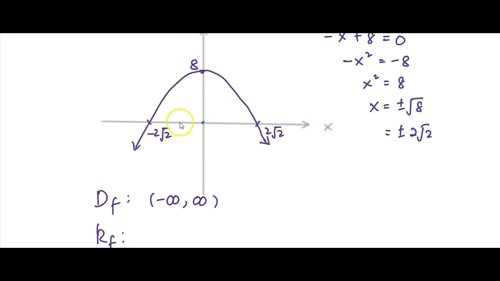You can see that there is no lowest point, as the graph is going down indefinitely. So the lowest point we can represent with negative infinity. The highest point of the graph is the maximum point, where the y value is 8. So the range will be up to 8, including the value 8.